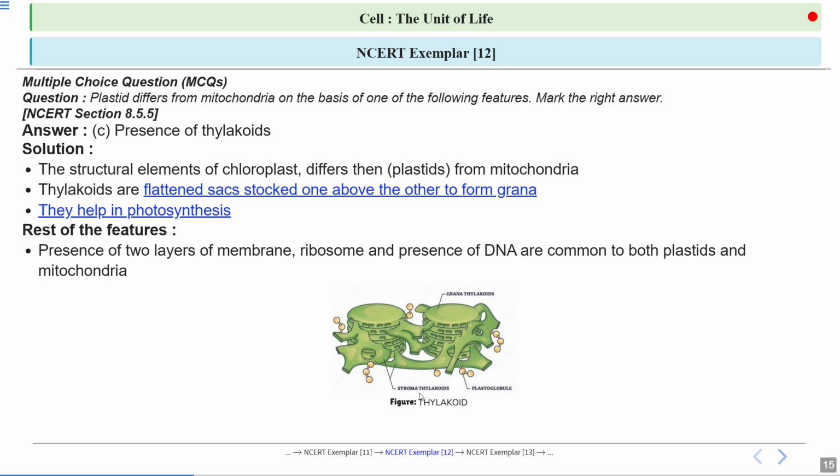That is called stroma thylakoids, right? The thylakoids that are part of the grana are called grana thylakoids, and the thylakoids that join the two grana are called stroma thylakoids. But this thylakoid structure is a very important feature of the chloroplast. It is not found in the case of mitochondria, right?